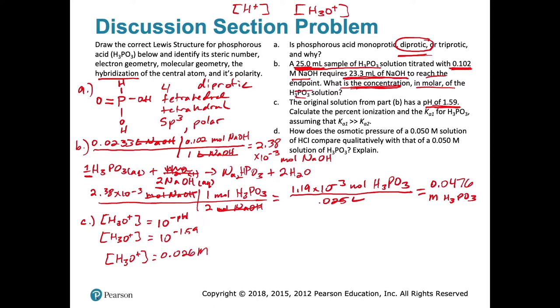I think that's what it should be. Remember, I borrowed someone's calculator and showed you how to do 10 to the negative. There's a little button that says 10 to the x. You hit the 10 to the x button, and then just put in negative 1.59 on your calculator, okay?